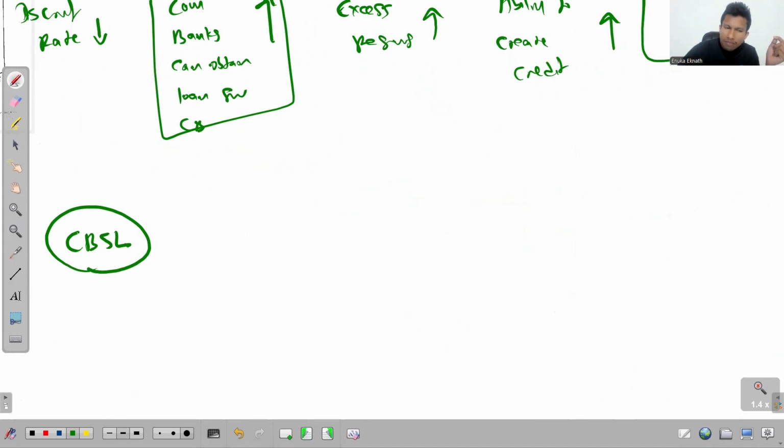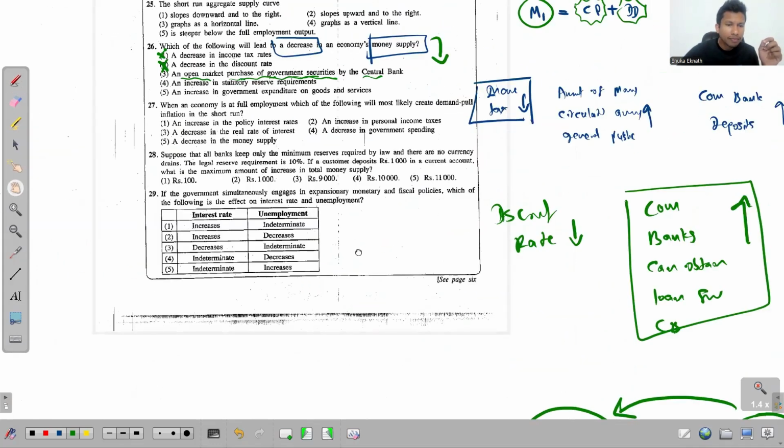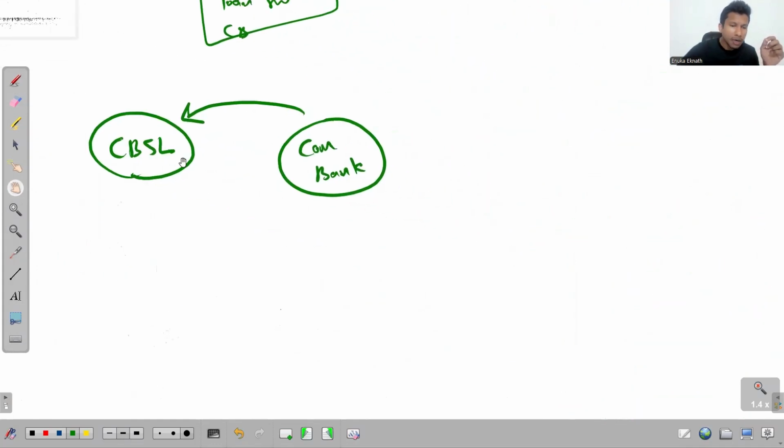This Central Bank of Sri Lanka purchases government securities from the commercial banks. So they purchase treasury bills and treasury bonds.